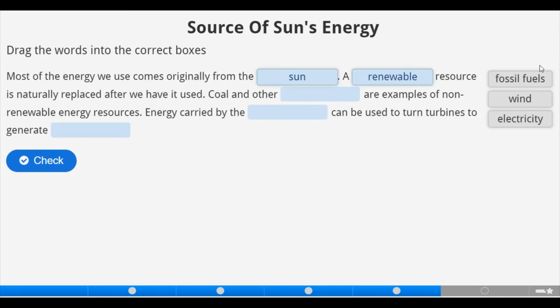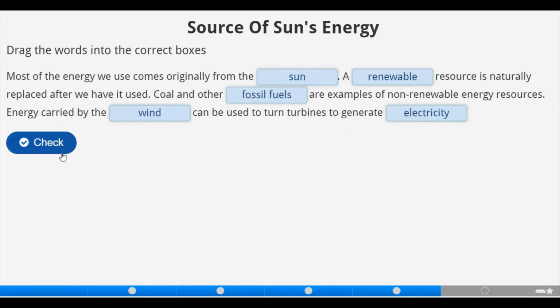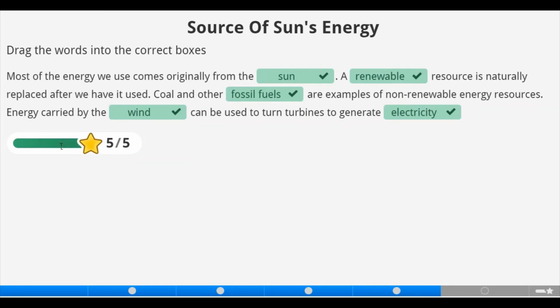Coal and other fossil fuels are examples of non-renewable energy resources. Energy carried by the wind can be used to turn turbines to generate electricity. So we check, that's correct.